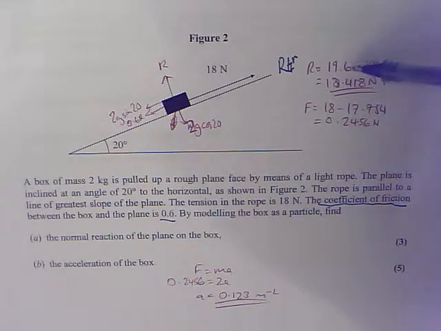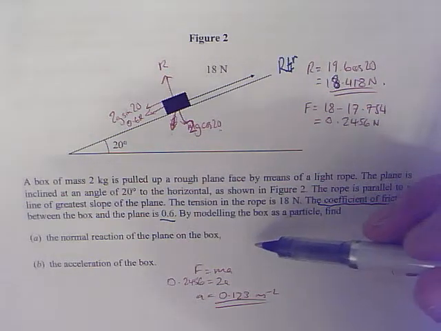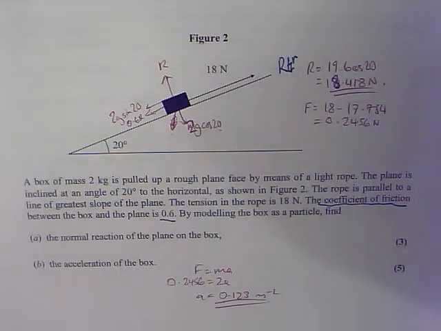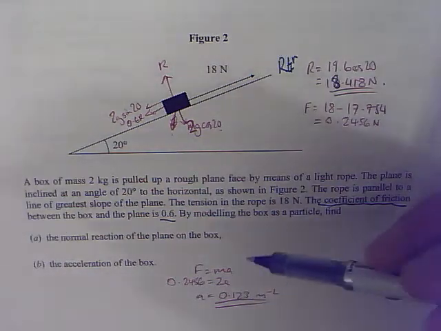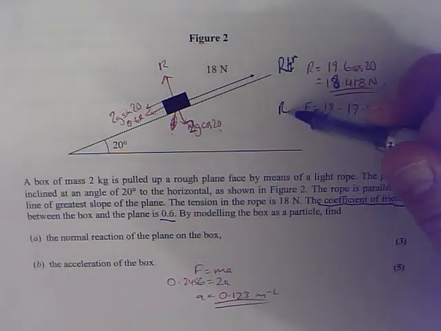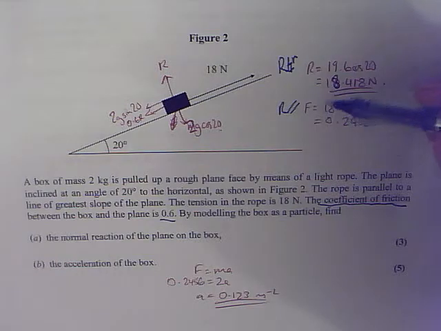Generally you start by resolving perpendicular because there's no acceleration. So this R is going to be equal to the force going in the opposite direction. So it would be correct to write, resolving perpendicular, R equals 2g cos 20, which is 19.6 cos 20, which comes out as 18.418. And that answers question A.